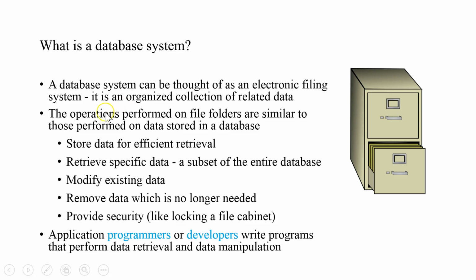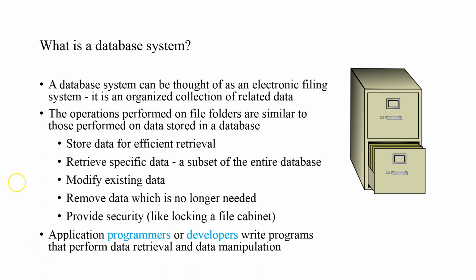You're able to store the data for efficient retrieval. You're able to retrieve specific data. That is, you don't have to retrieve the entire file cabinet to find some piece of information. You request a specific piece of data, and you get that, a specific file folder. You can modify existing data.